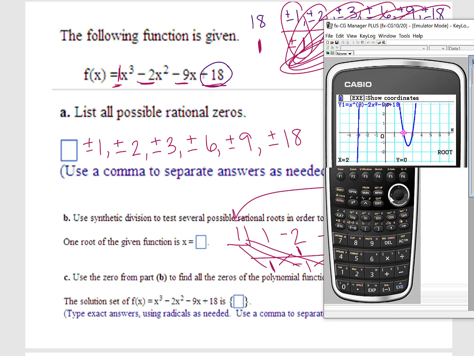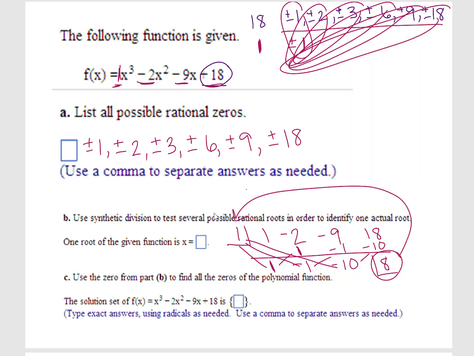So we can literally just look on the calculator. You have to understand how to enter it in and what you're looking for, but we know that it's negative 3, positive 2, and positive 3. Now be careful, because here they ask for it, and sometimes students try to put all 3 there. It's only asking for one of the roots. So the very first one I saw was negative 3.